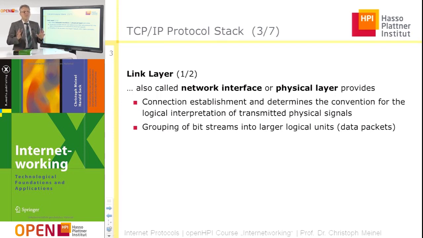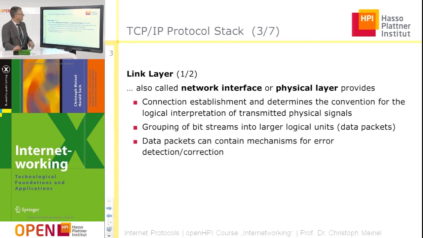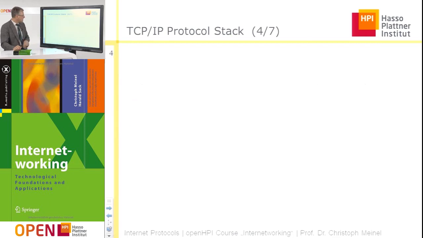The bit stream needs to be grouped into larger logical units, into these packets and into the different parts of the packets. This is organized on the link layer. The data packets contain, as I already mentioned, mechanisms for error detection and error correction. Also this is organized and solved on the link layer.